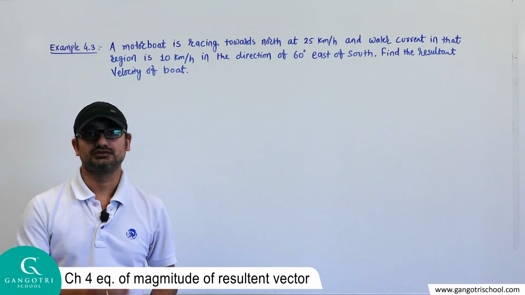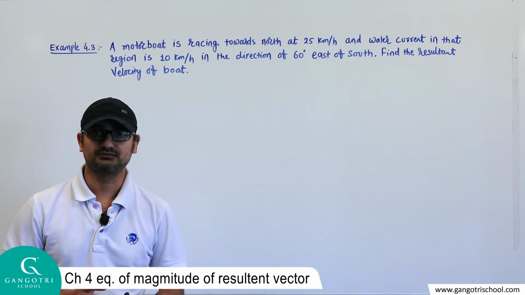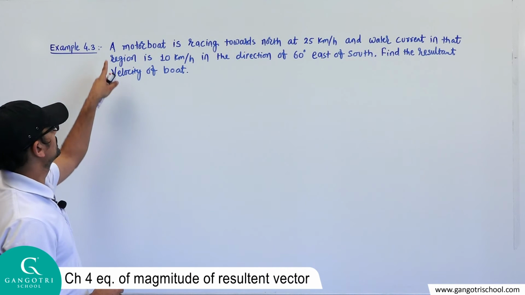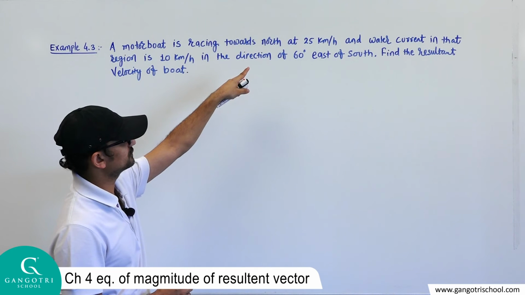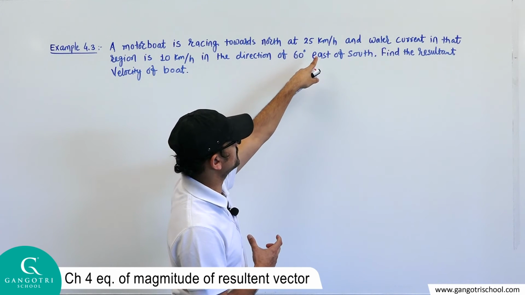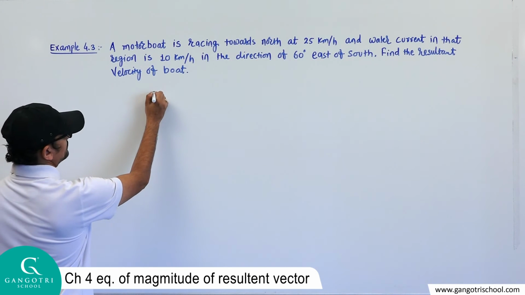Again, dear student, related to the same concept, this is example number 3 from the textbook, illustration number 3. Now the question is: a motorboat is racing towards north and the speed of the motorboat is 25 km per hour. Look at the diagram.